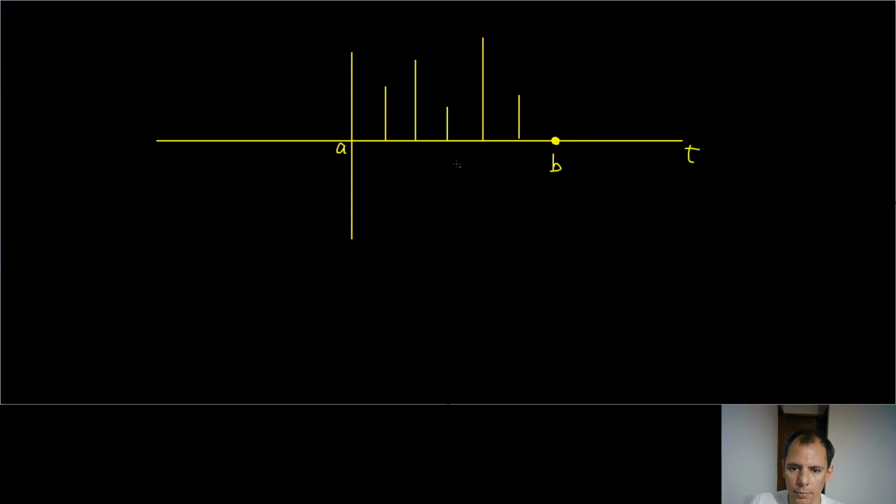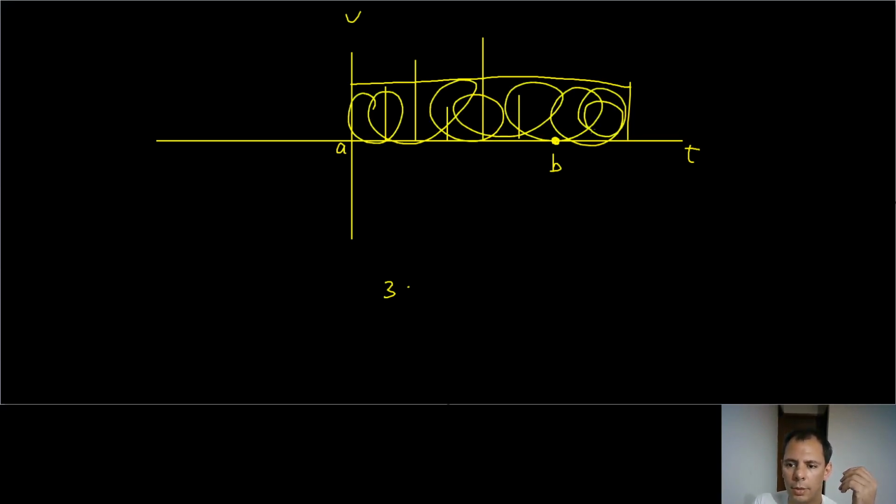This is time, and this is velocity. Think about it for a second. When you have a velocity that doesn't change, let's say a constant velocity for 3 seconds, it's 3 seconds times the velocity. Let's say the velocity is 1, so 3 times 1 is 3. So this whole area here is going to be 3.